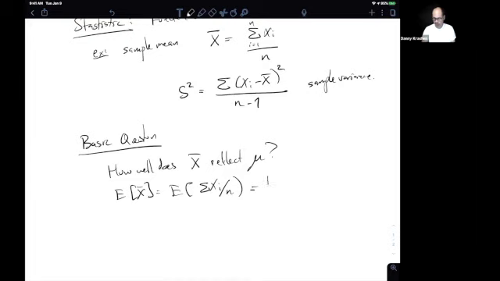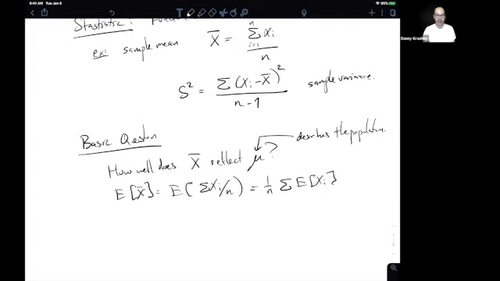Of course, the 1 over n pulls out by linearity of expectation, and also by linearity of expectation, the sum pulls out. And you get the sum of these independent and identically distributed random variables. So when I say mu here, of course, I mean the mu which describes the entire population.